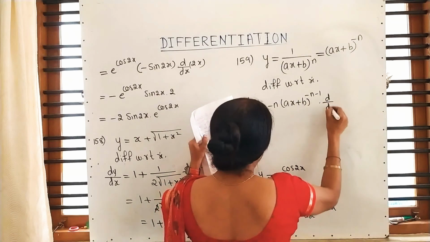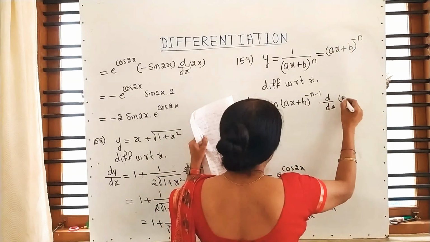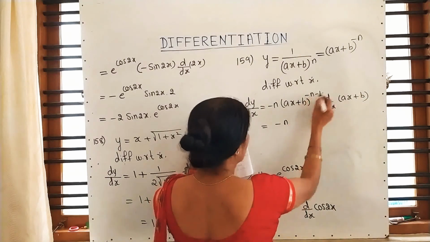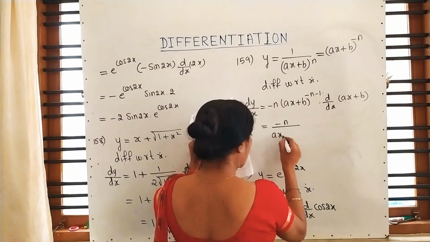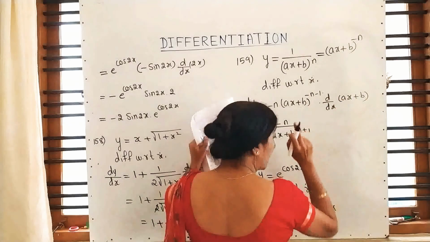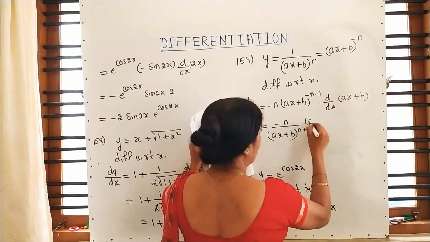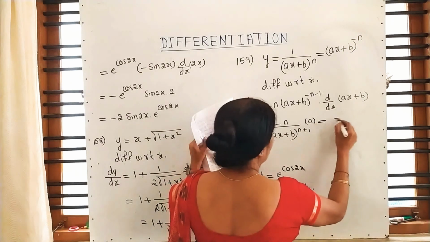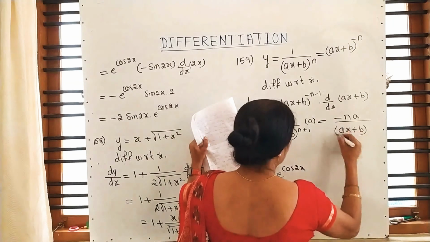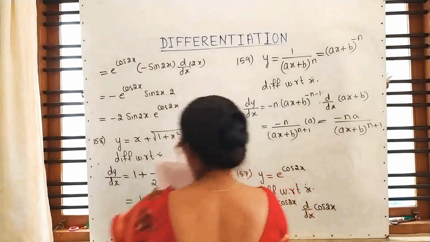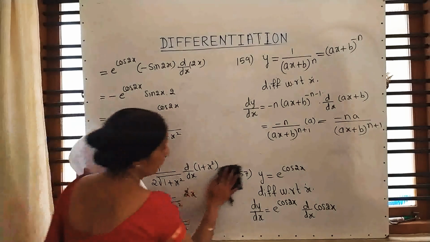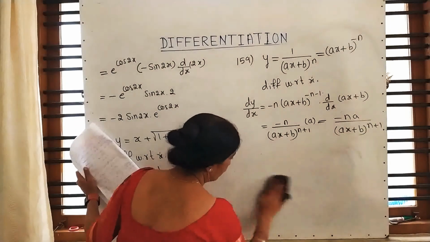After power, just close the power, write on the base. And here these both are negative, so I am writing that in the denominator. And differentiation of a constant times x is just the constant. So the final answer is this. See, is it very simple or what? The problems are very simple if you are familiar with the concept.